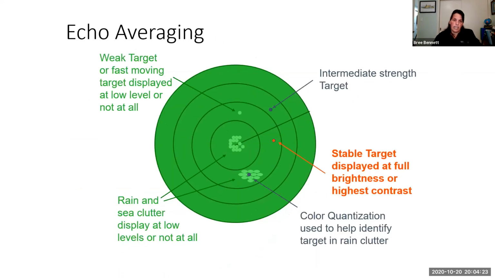Let's go back to this. Okay, so a weak target or fast moving target is not going to be as predictable for your echo averaging. One sweep of the radar it was here, the next sweep it was all the way over here. So it's hard to track it, or the radar thinks maybe it's a new one.